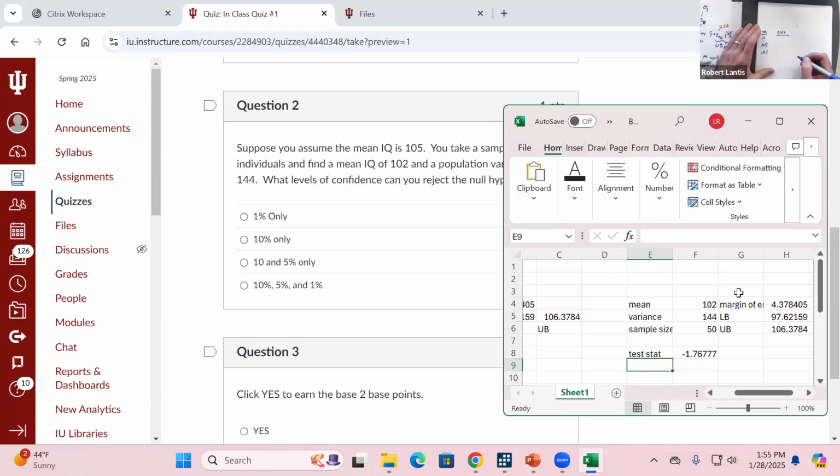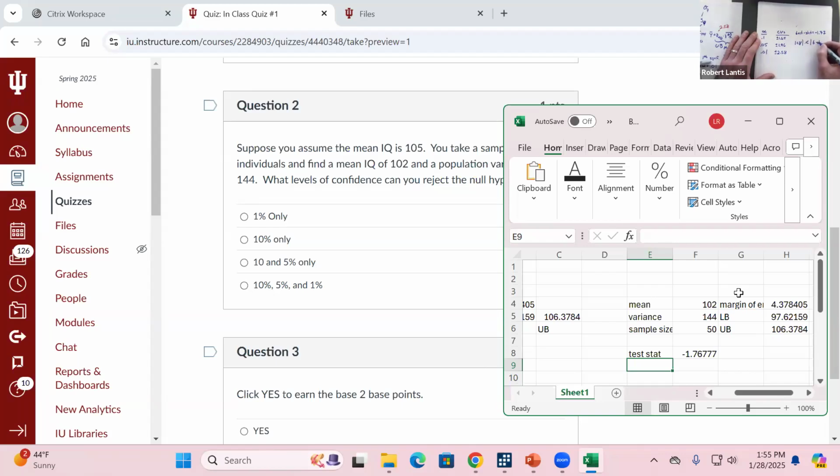If we went back, it was positive and negative 1.65, positive and negative 1.96, positive and negative 2.58. I just found a test statistic of, I already forgot what it was, negative 1.77 approximately.